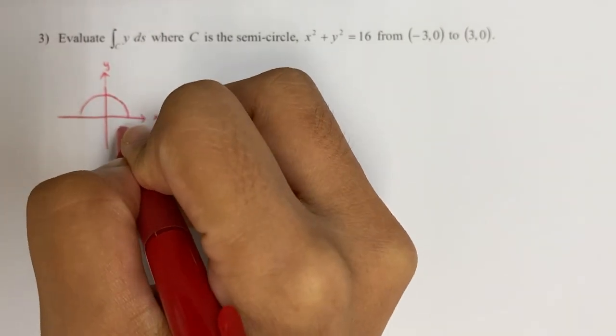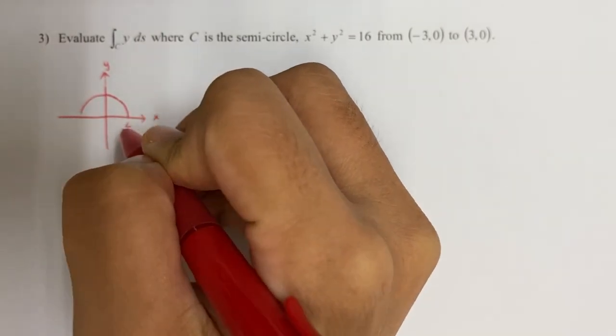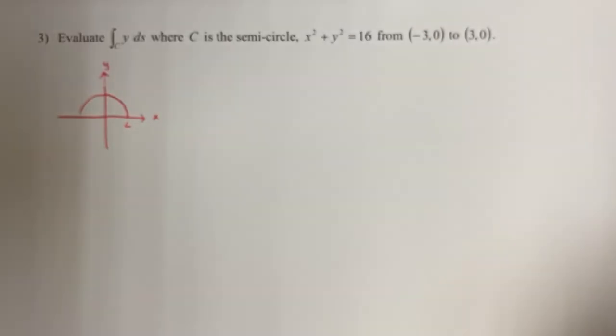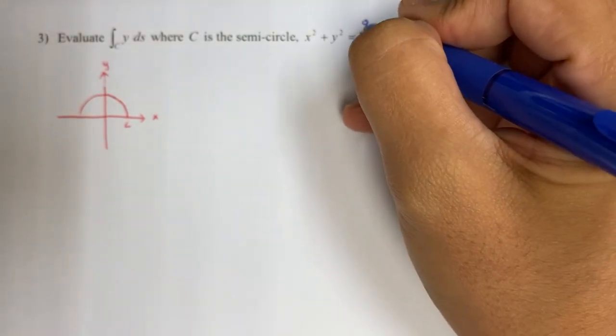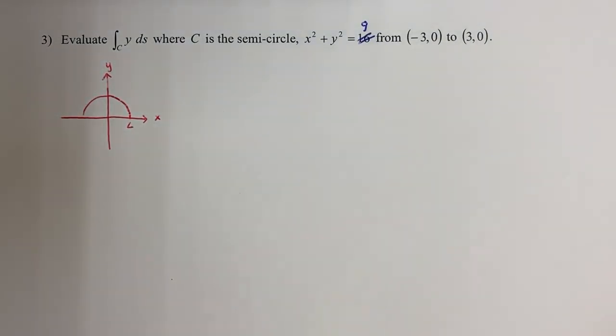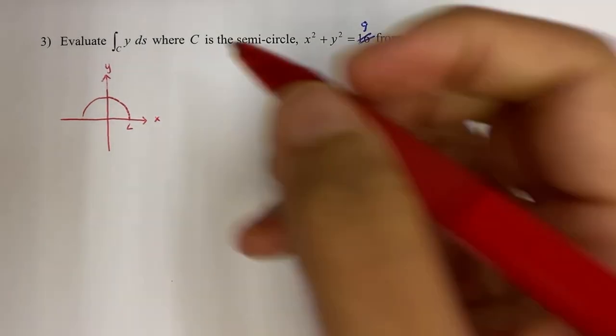So the radius is 4. Why is it 16? It's supposed to be 9. Okay, I changed the question. This is 9. x squared plus y squared equal to 9. So the radius for this semicircle is 3.